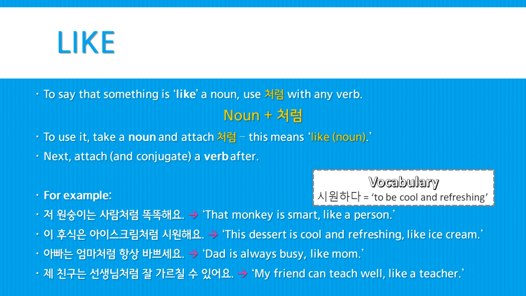This dessert is cool and refreshing, like ice cream. 아빠는 엄마처럼 항상 바쁘세요. Dad is always busy, like mom. 제 친구는 선생님처럼 잘 가르칠 수 있어요. My friend can teach well, like a teacher.